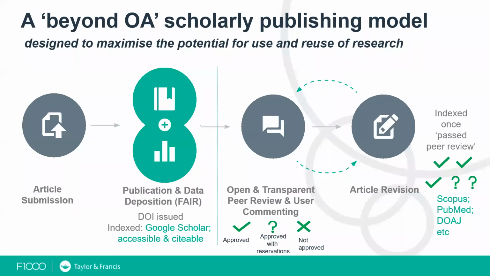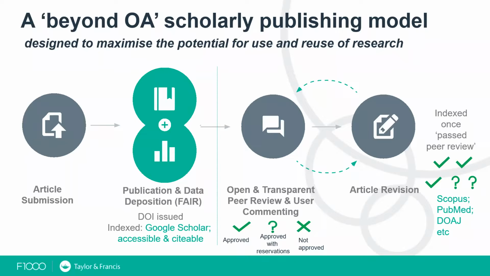Any reviewer reports that we receive are also published online alongside the reviewers' names and affiliations. Because the article has already been published, the reviewers are asked to focus on the technical aspects and soundness of the paper rather than doing any subjective assessment.